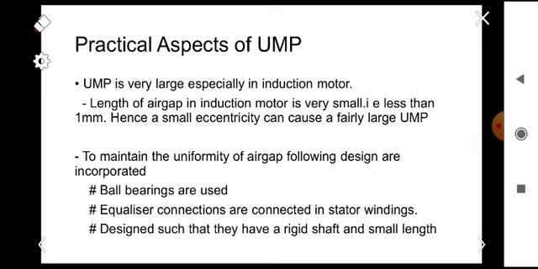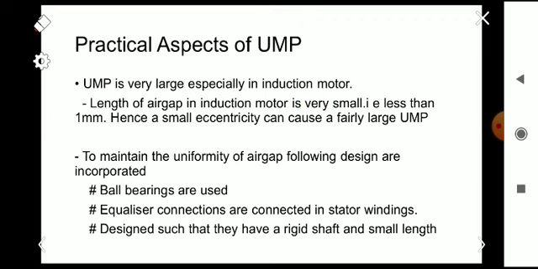Next we are talking about some practical aspects of the UMP. These practical aspects must be taken into account while designing electrical machines. The first point is the UMP is very large, especially in induction motors.